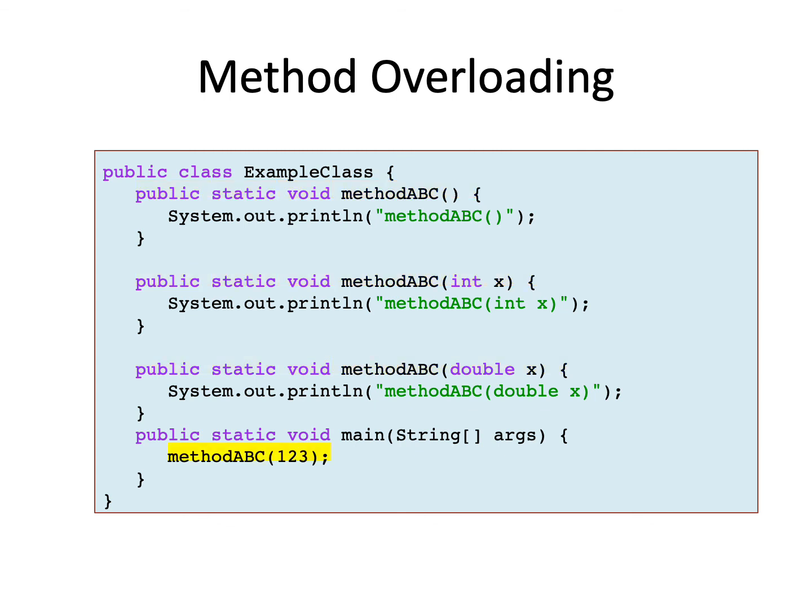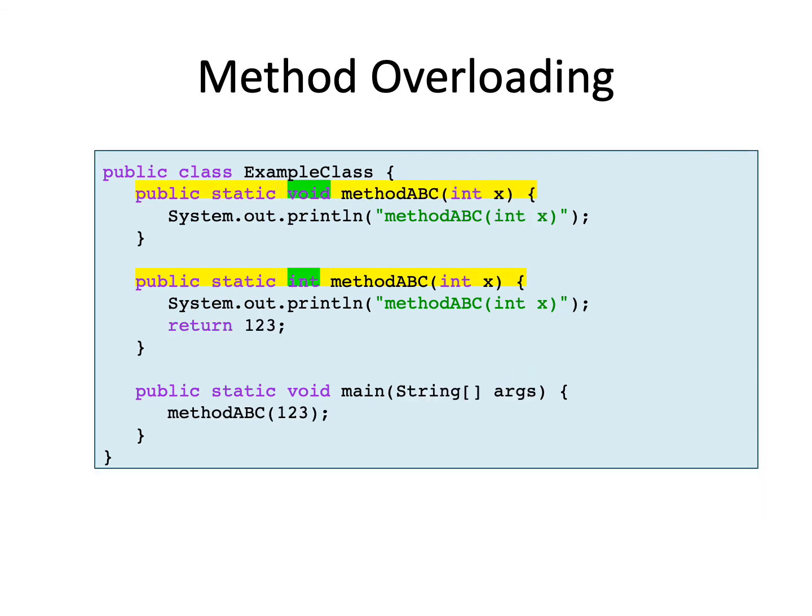Which method will be called when we write in the main method methodABC(123)? It will call methodABC(int x), which is the correct data type for the value 123. 123 is an int. If we have methodABC(123.0), it will call methodABC(double x).